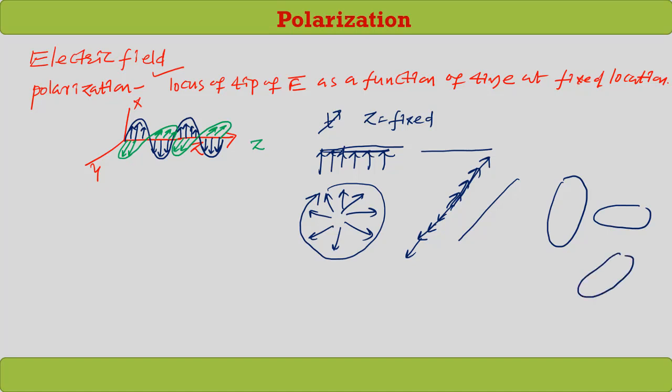So what we are observing here, this locus, whatever the locus we are telling, that locus can be a straight line, that locus can be a circle, that locus can be a ellipse. And here so many types are there.